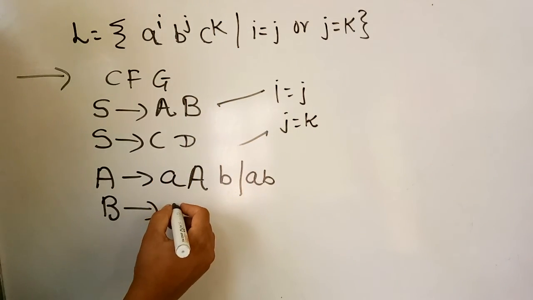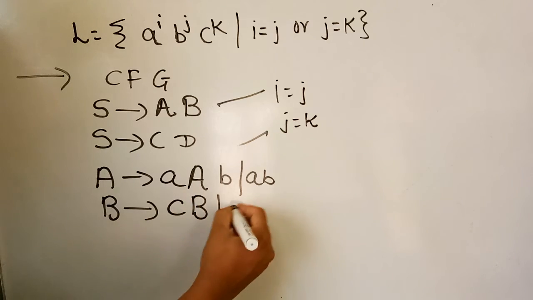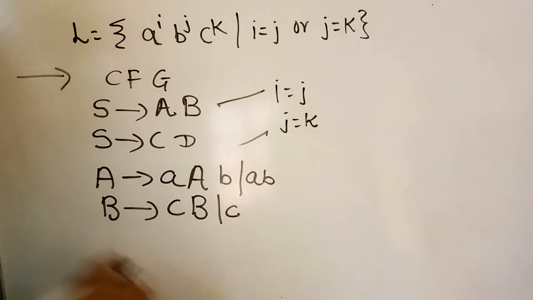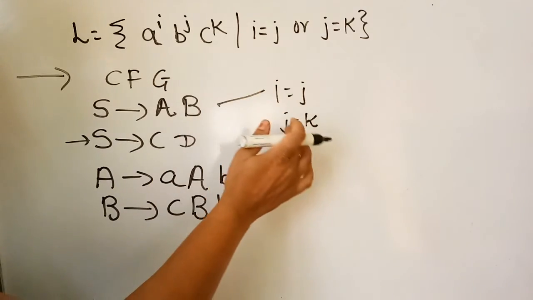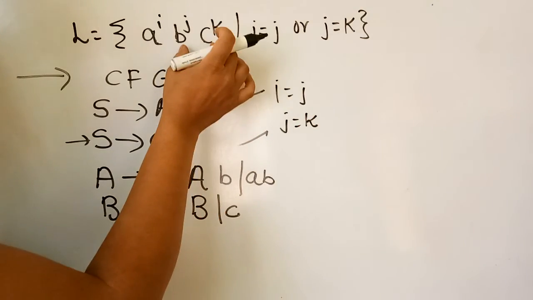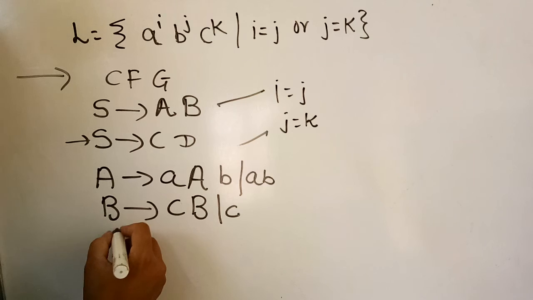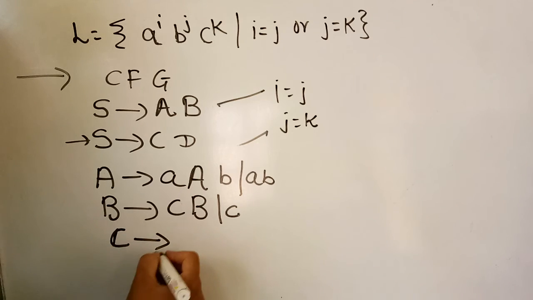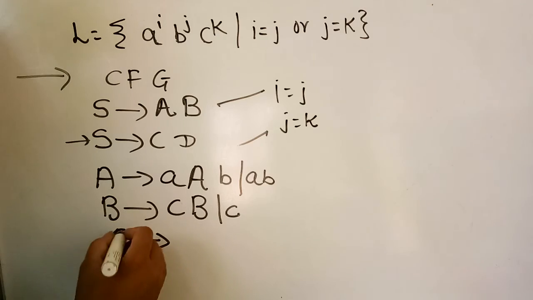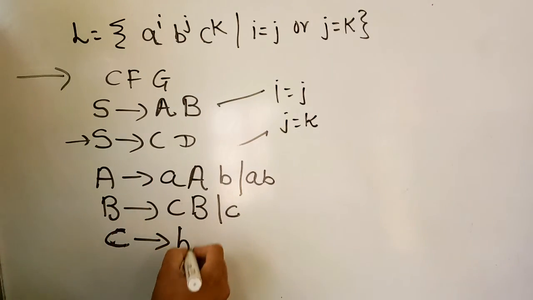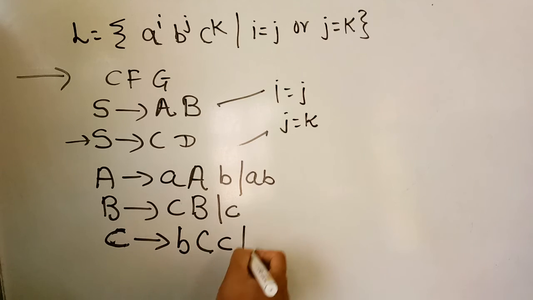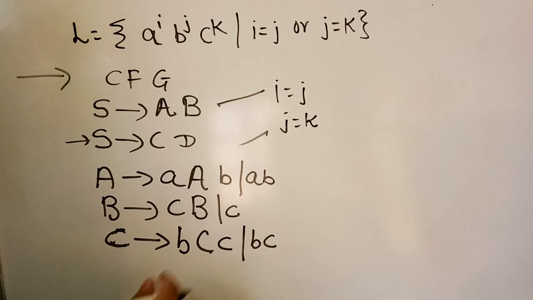So B will be CB or C. It is a recursive logic. Again for CD, it is J equals K, meaning B and C will be equal. So for that case, we will write capital C will be there. C gives B and C, meaning B's and C's are followed by C and it is again replaced with BC.